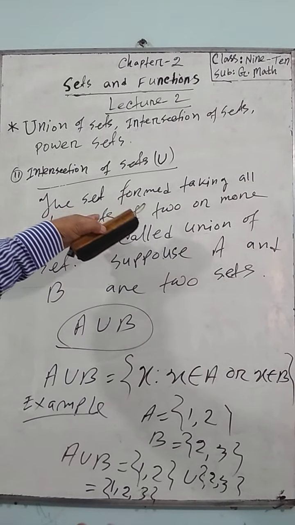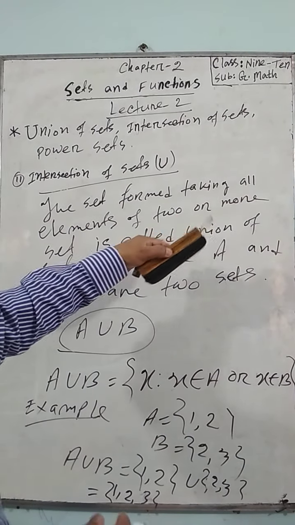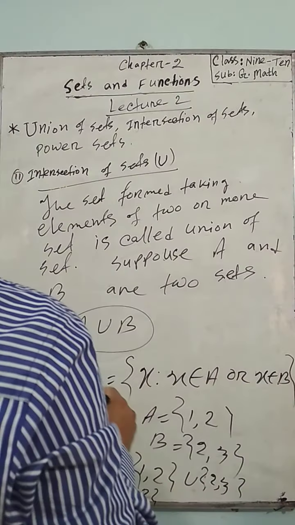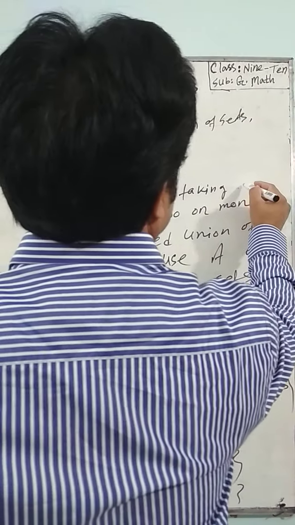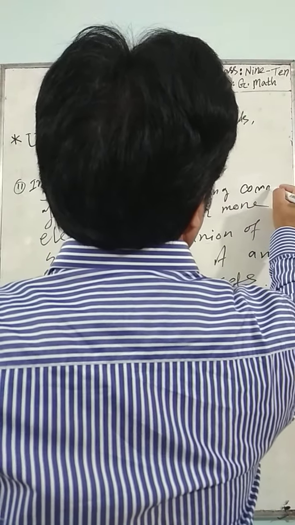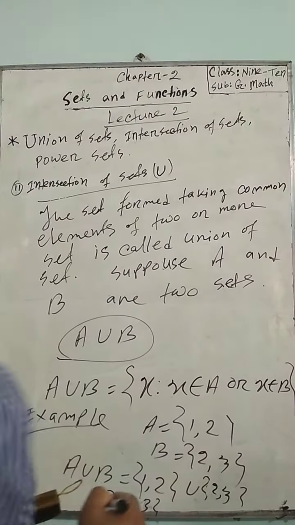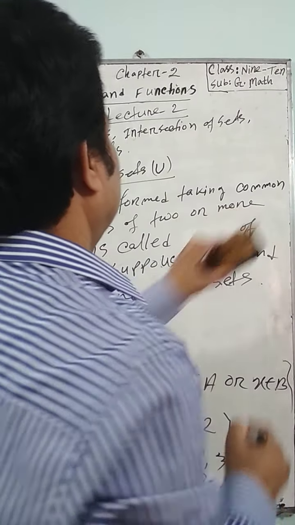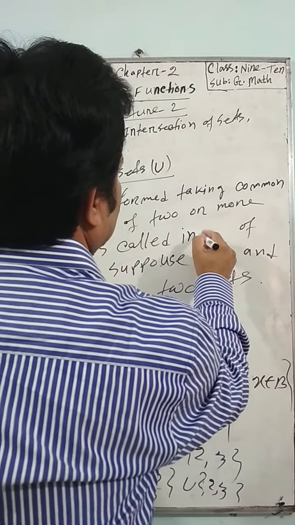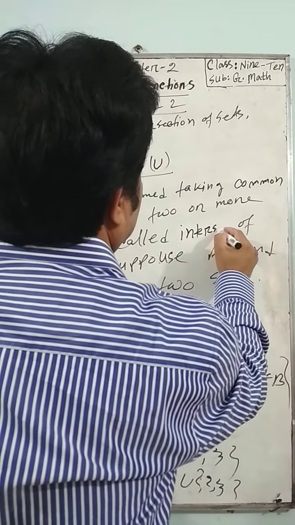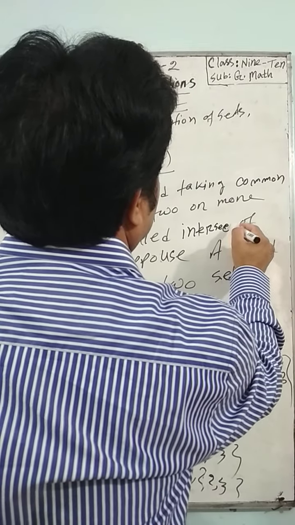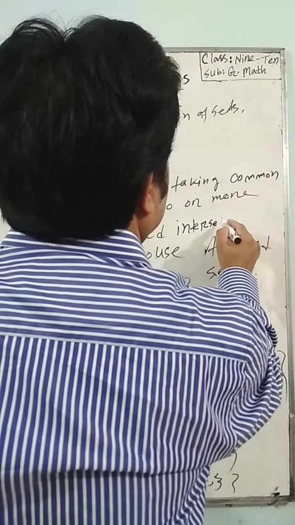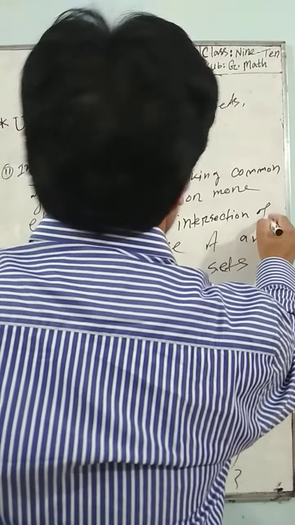The set formed by taking common elements of two or more sets is called intersection of sets.